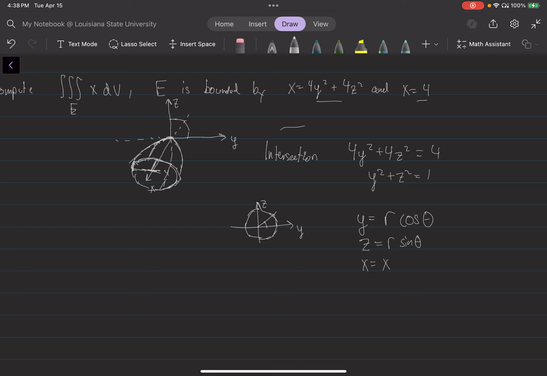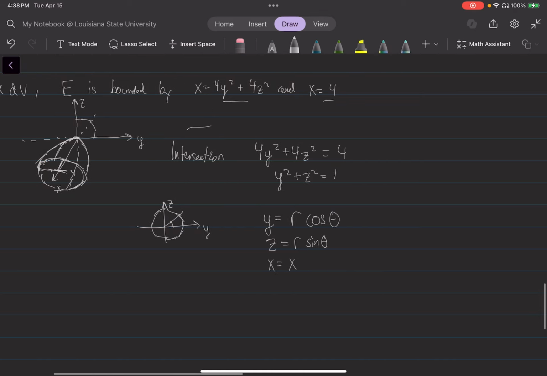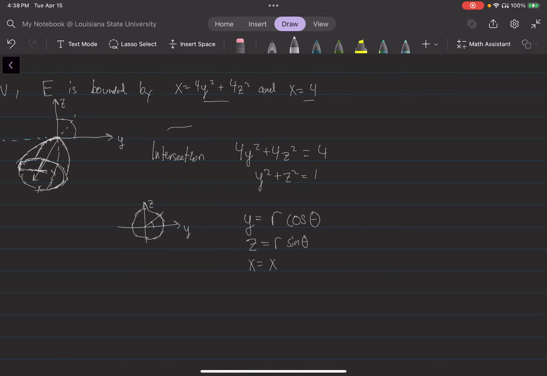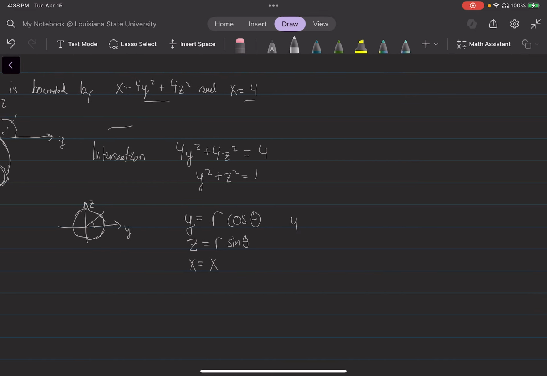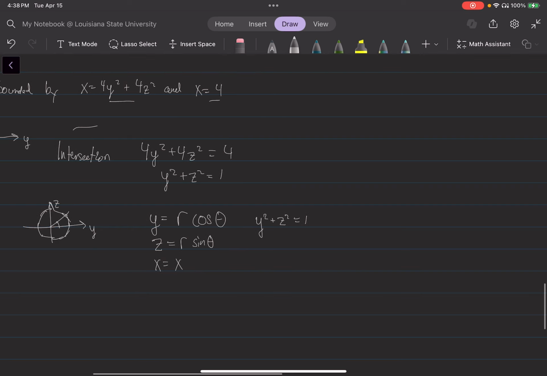So it's defined a bit differently. What other observations could we make? We could also state our Pythagorean theorem: y squared plus z squared equals our radius squared.